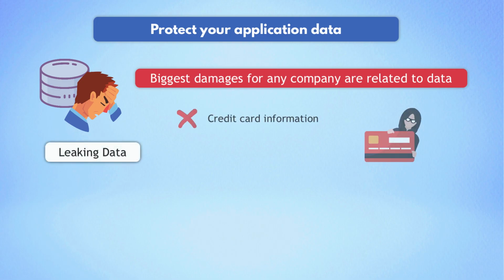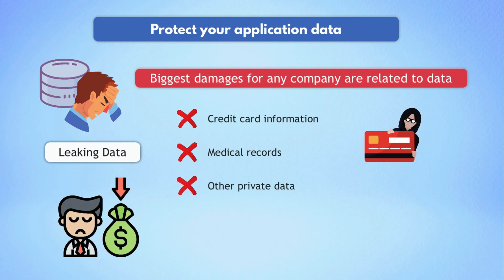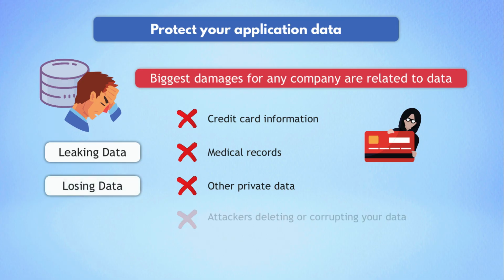Stealing data like credit card information of your users or medical records or leaking of any private data is the worst scenario for any company when an attack happens. But in addition to that, you also have risks of attackers wiping out your data or corrupting it, so you basically lose all your application data. This means you can't recover your application after the attack because all the data is gone.